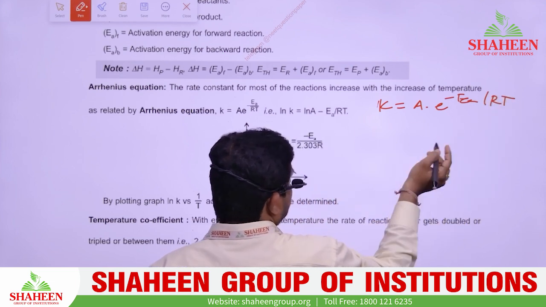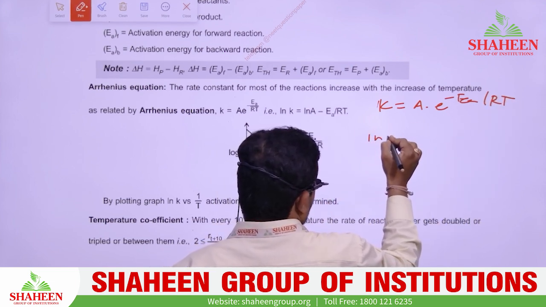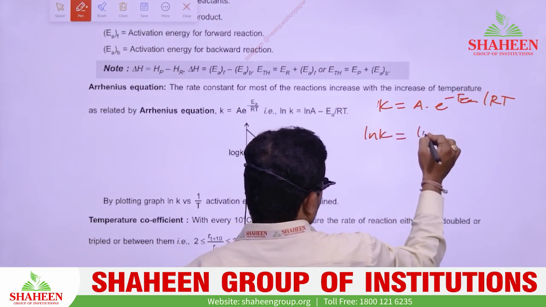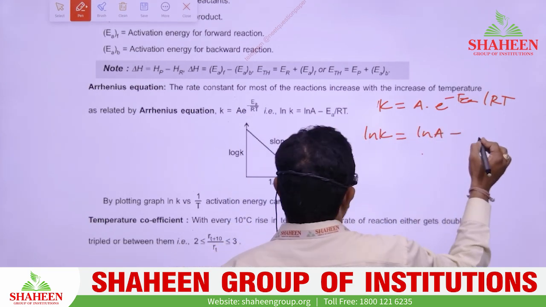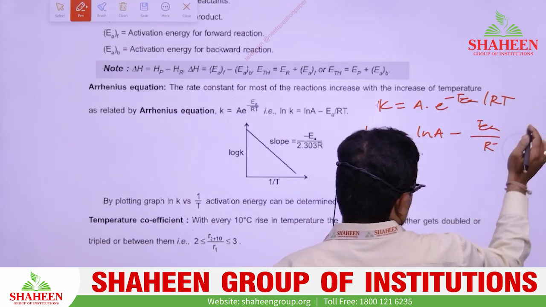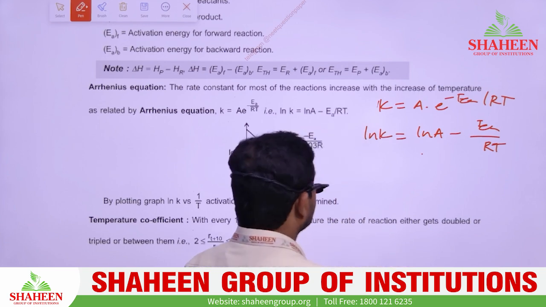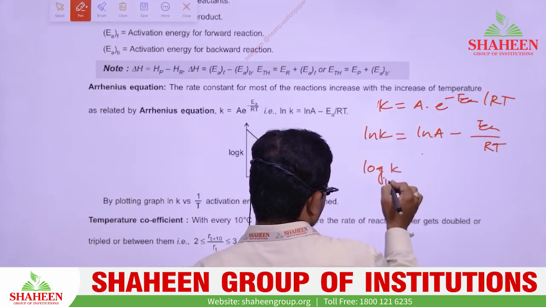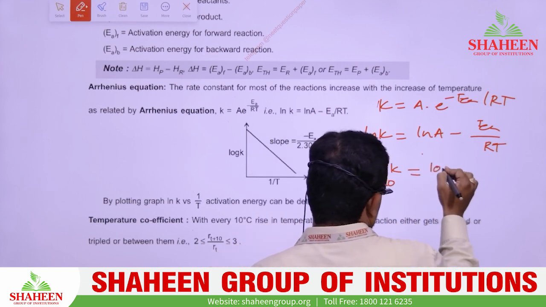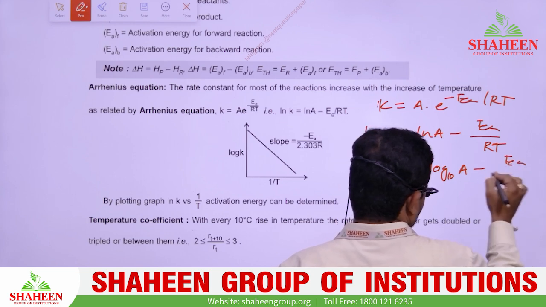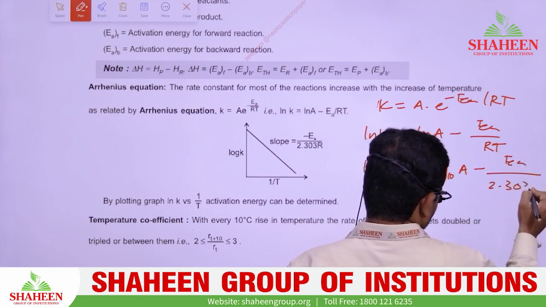On taking log on both sides, log k is equal to log A minus EA upon RT. If we take log base 10, log k is equal to log 10 A minus EA by 2.303 RT.